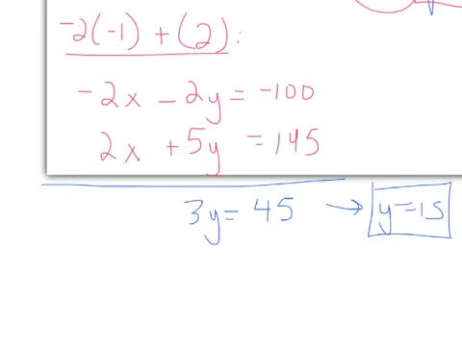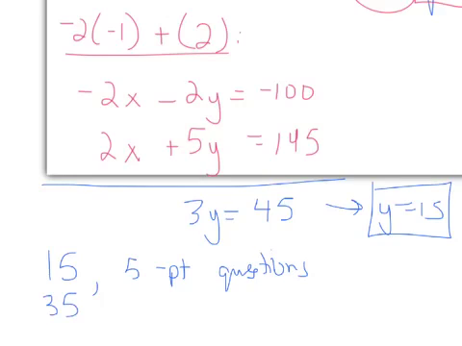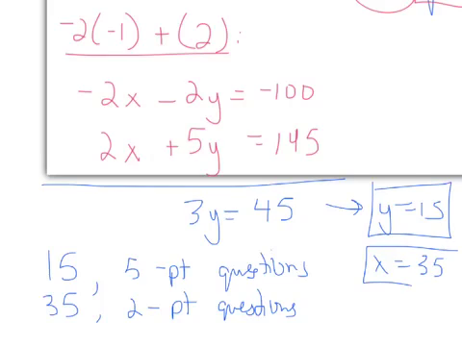Well, if y equals 15, that means that there are 15 5-point questions. Well, there's a total of 50 questions, which means that there are 35 2-point questions left. So when y equals 15, really x equals 35. And we could get that by substituting back into either of those equations.